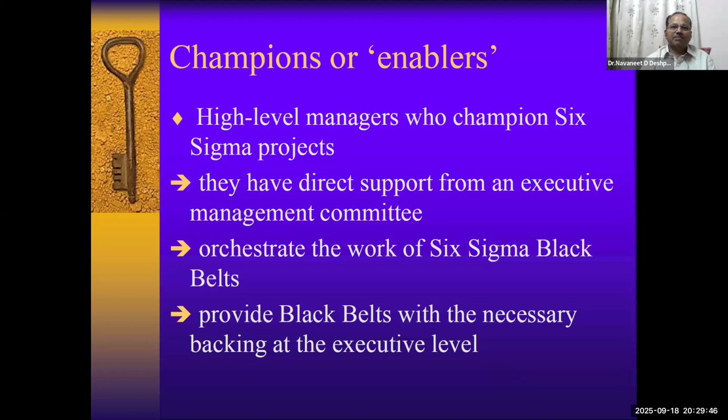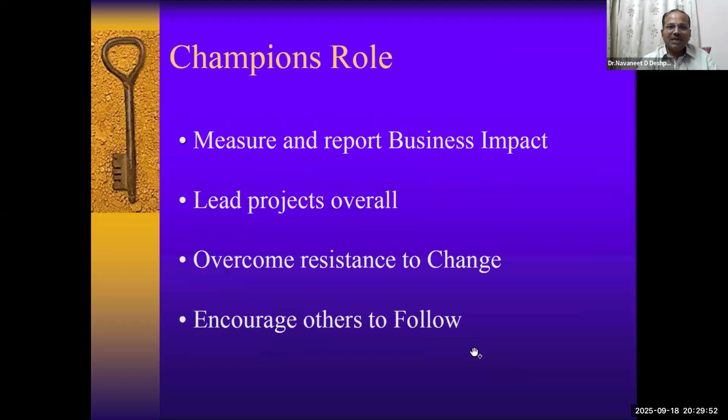Those things can happen only when you enter into the context from where one has to become an enabler. So the champion's role is to measure and report the business impact. You have to measure them, give it to the top management, let the top management say something about it, and they will also have to give feedback, lead the projects overall first, and then overcome resistance to change, which is very essential at most levels.